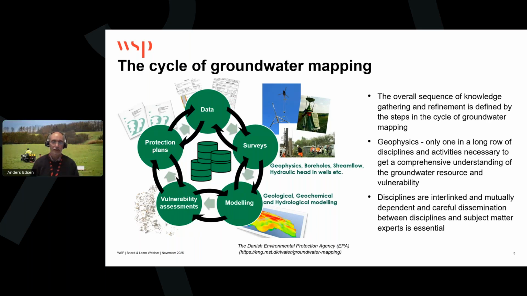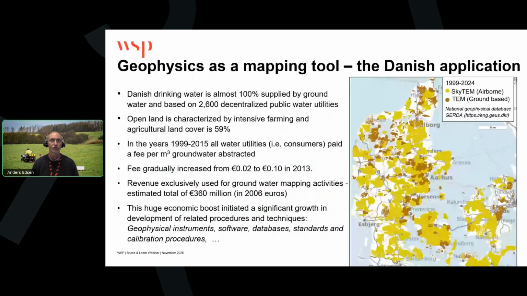Then, geophysics as a mapping tool used in Denmark. We really have a burning platform in that respect, in that our drinking water is almost 100% supplied by groundwater, and very decentralized. We have more than 2,500 public water utilities spread around the country.